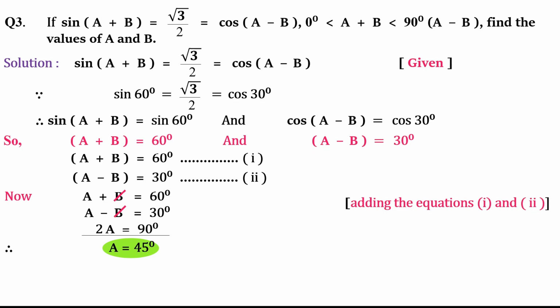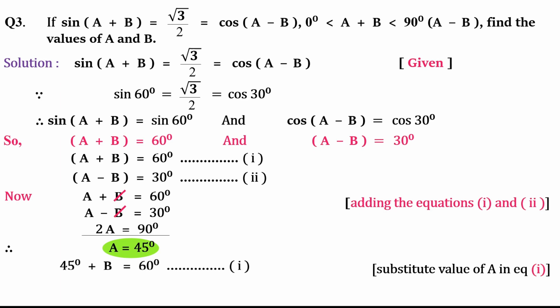I can substitute it in equation 1 or in equation 2. So I am going to substitute this value of a in equation 1. When the equation is a plus b is equal to 60, instead of a I will write 45 plus b is equal to 60, and from here I will get the value of b. 45 will go and get subtracted from 60. We have the value of b as 15.